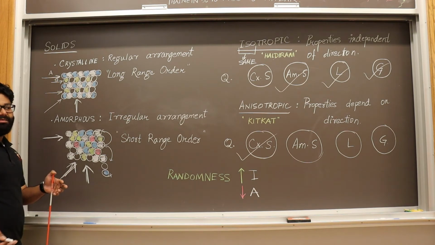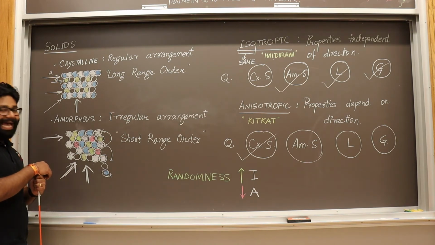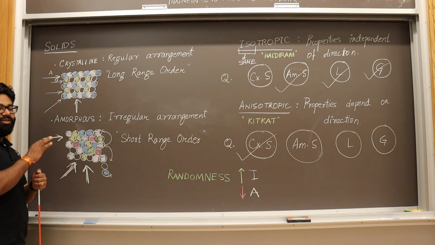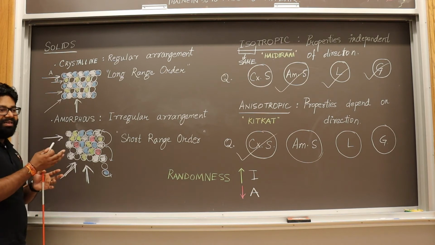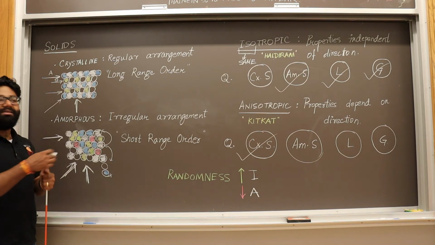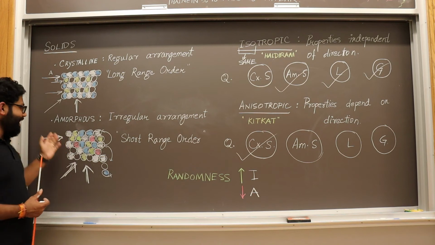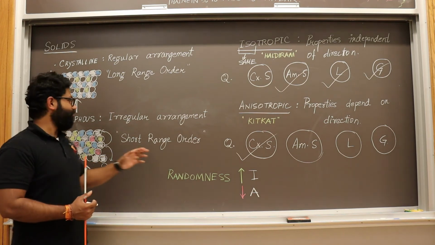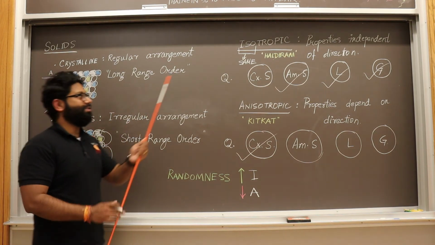If it is chaos, it's chaos. Chaos has no types. Like a Rubik's Cube, if it is not solved, it's unsolved. It's like chaos. So from every direction, the property remains the same, right? For that, we call it isotropic.